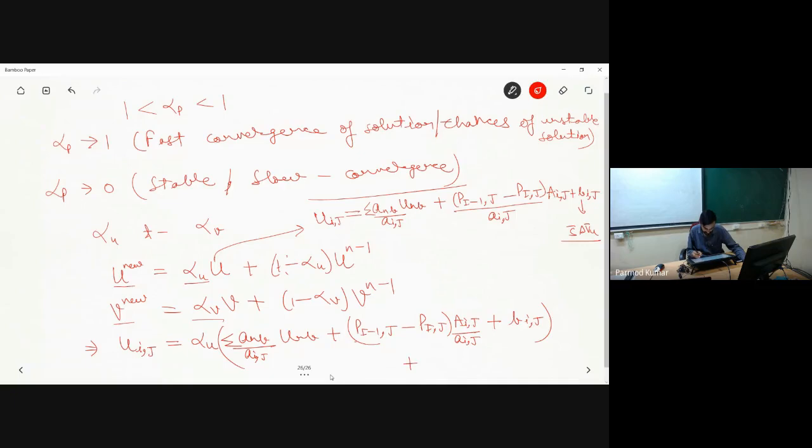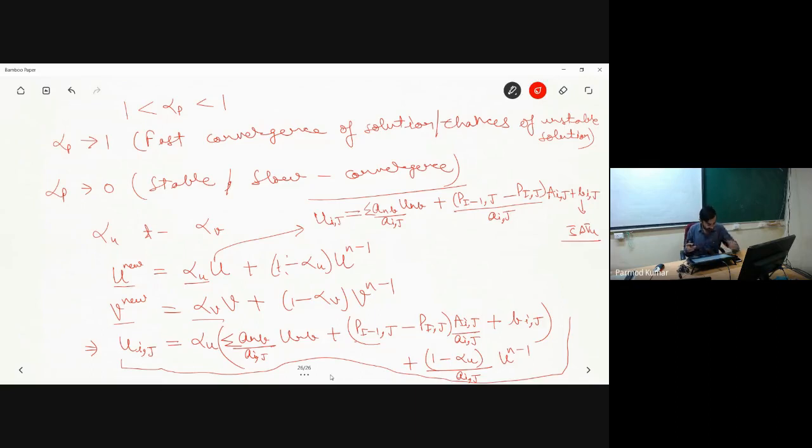Then I will write plus (1 minus alpha_u) divided by a_ij times u to the power n minus 1, obviously considering the coefficient a_ij here also. So this is my new discretized equation for the corrected velocity field if I include the under-relaxation factors.